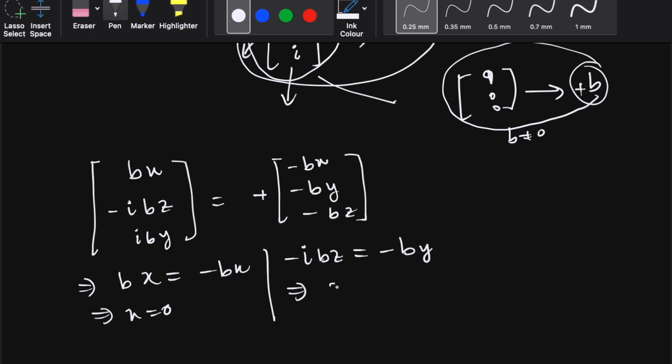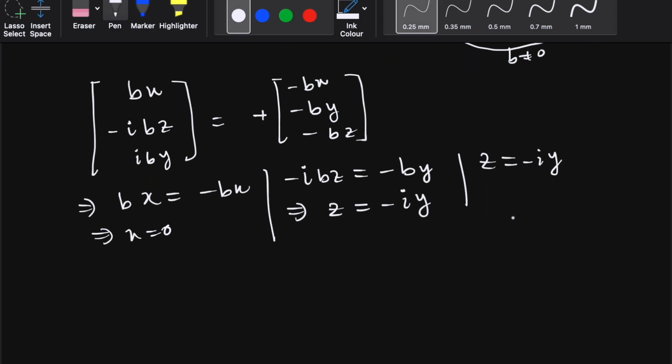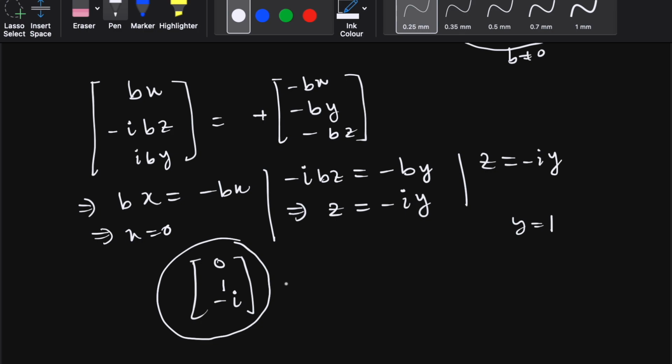From here we get z equal to minus iy, and from the third equation also we get z equal to minus iy. So if we put y equal to 1, the eigenket will be 0, 1, minus i. So this eigenket corresponds to the eigenvalue minus b.